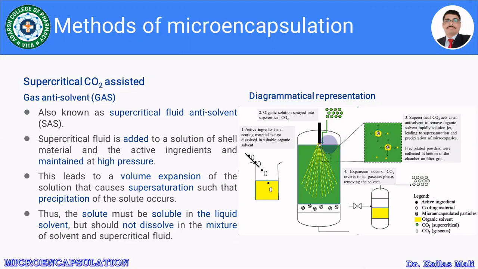As soon as this solution comes into contact with the supercritical carbon dioxide, it removes the organic solvent from the system, leading to the supersaturation and precipitation of microcapsules, and that's why it is known as supercritical fluid anti-solvent.